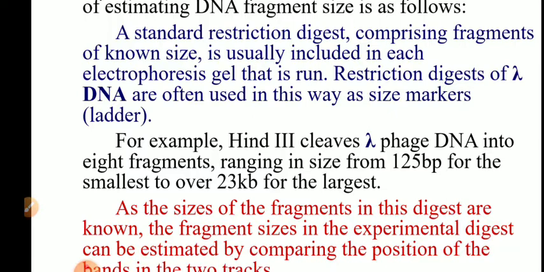We load it along with the sample DNA. So you separate the sample DNA fragments, and in one of the electrophoresis wells, you separate the marker DNA or lambda DNA digest, also called a ladder. When you do this, you have a ready-made ladder of separated fragments. You know the size of each fragment, and you compare the standard restriction digest with your sample DNA fragments and estimate the size.